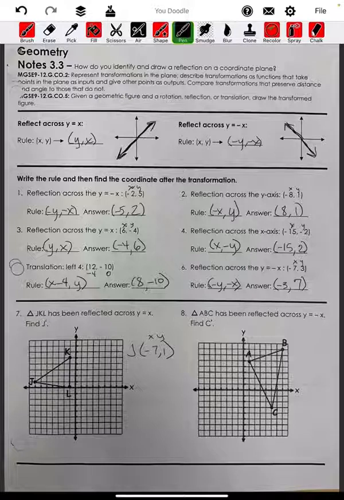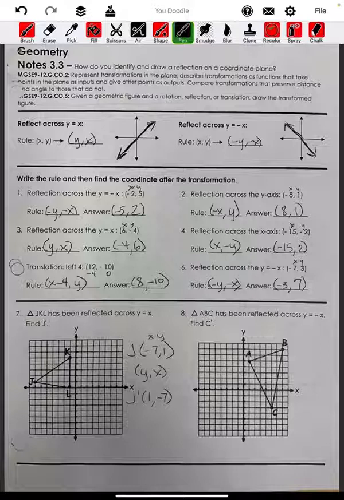I'm not going to require you to do that, but you do need to write the J, comma, parentheses, -7, comma, 1, parentheses. All right? Now, remembering that when it's flipped across y equals x, our rule is y, comma, x, meaning that we change the order of our numbers. So J prime, and this is what you need to put in the box as well, is +1 in the front because the y goes now in the front and the x goes in the back, so -7.